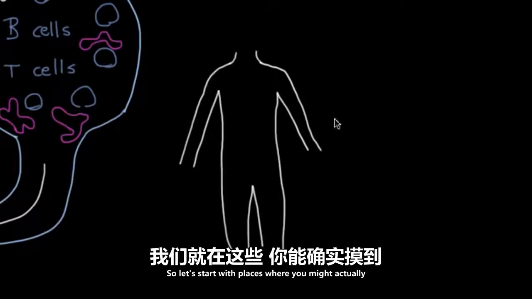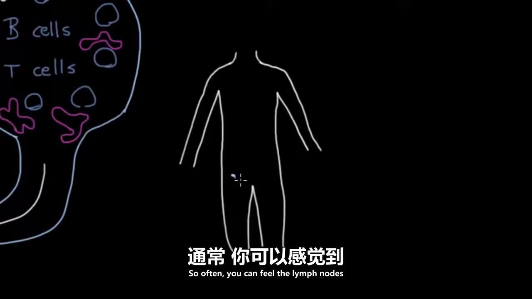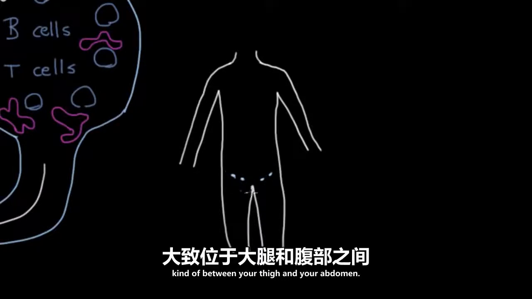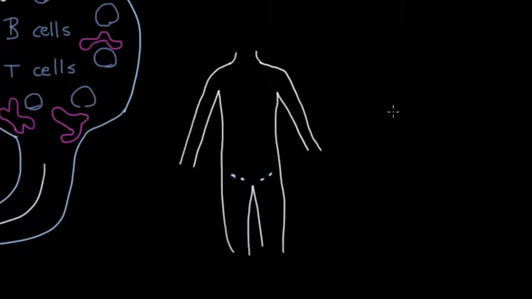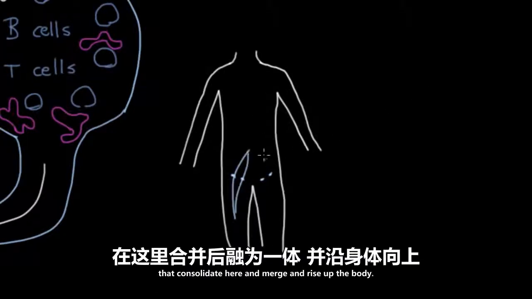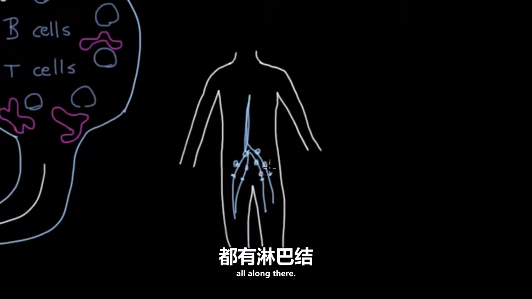So let's start with places where you might actually feel lymph nodes on your own body. So often you can feel the lymph nodes that are in the inguinal region, kind of between your thigh and your abdomen. And as we know, there are large lymphatic vessels that consolidate here and merge and rise up the body. And all along here you might have lymph nodes.